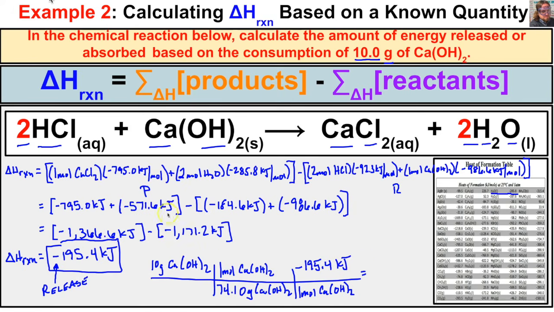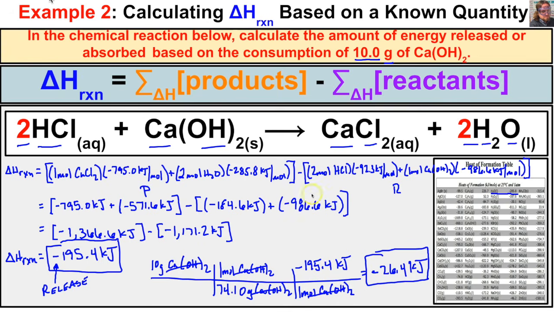And so now when we put this in our calculator, when we take 10 divided by 74.10 times negative 195.4 kilojoules, we should end up with a grand total of negative 26.4 kilojoules.